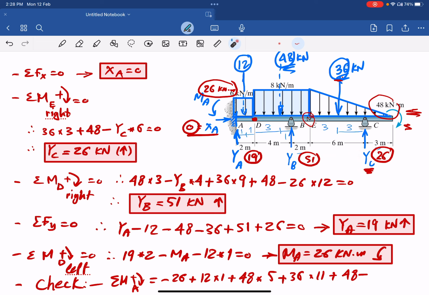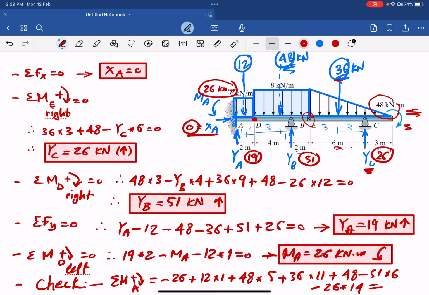So minus YB, which is 51 times 6, minus YC, 26 times the distance here, which is 6 meters plus 6 plus 2, it is 14.